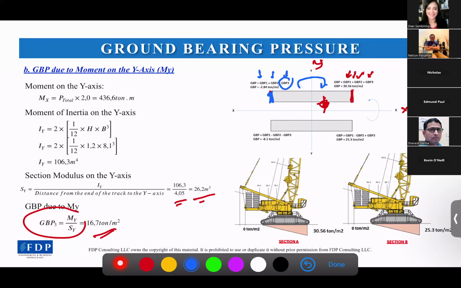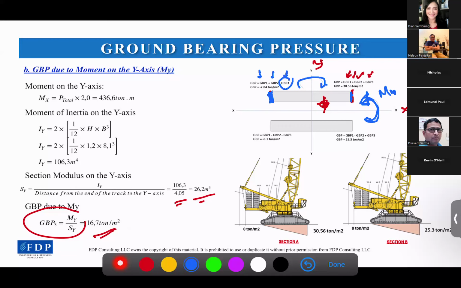Why is ground bearing pressure 2 positive? Because this crane will be rotating this way, it will put more pressure on this side of the track. Because of this moment X rotating this way, it will add more ground bearing pressure to this track and this track.